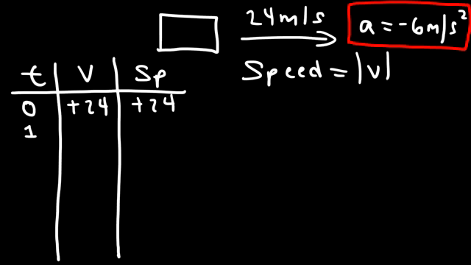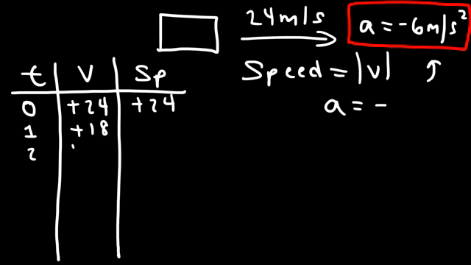Now 1 second later, what will be the new velocity? Well, the acceleration is negative 6, and recall that if acceleration is negative, the velocity will be decreasing. So it's going to decrease by 6. 24 minus 6 is 18.